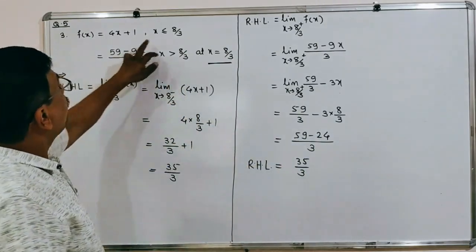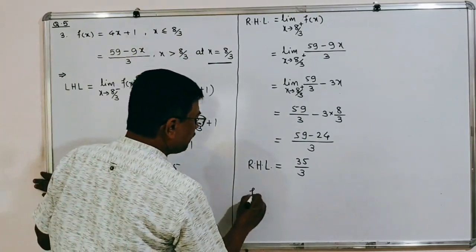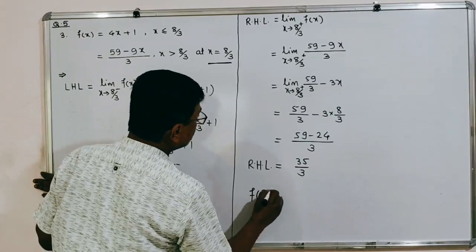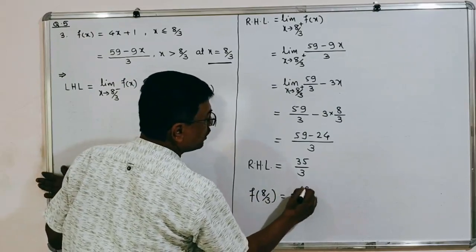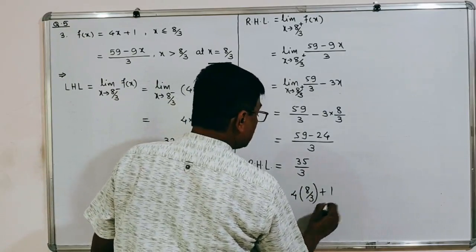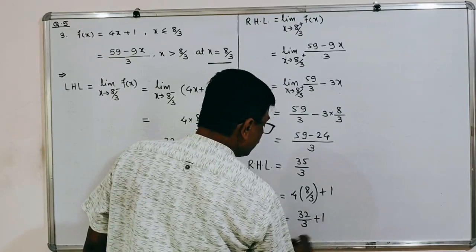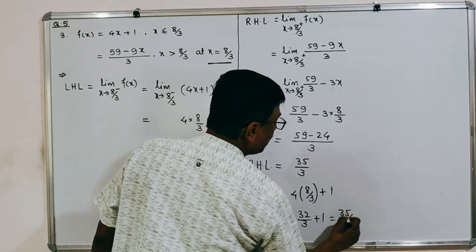Now for x is equal to 8 by 3 function is same, means f of 8 by 3 is nothing but 4 into 8 by 3 plus 1, that is 32 by 3 plus 1, which is nothing but 35 by 3.